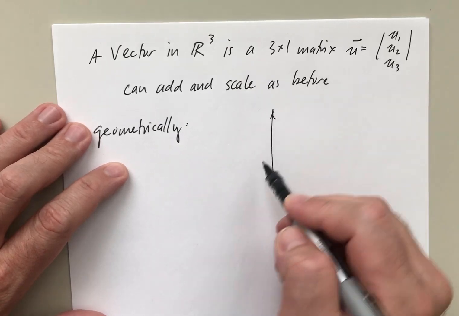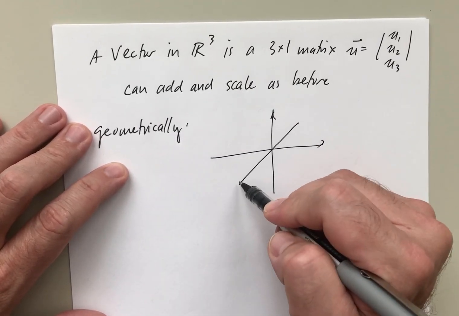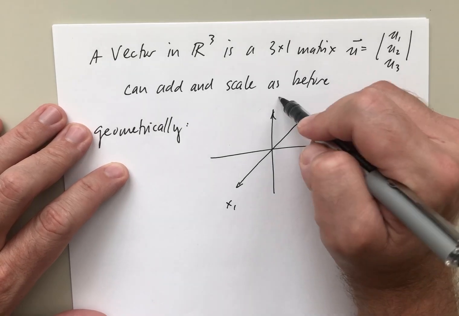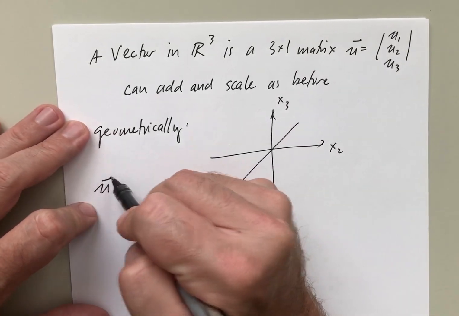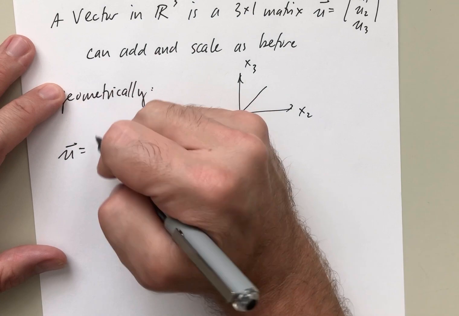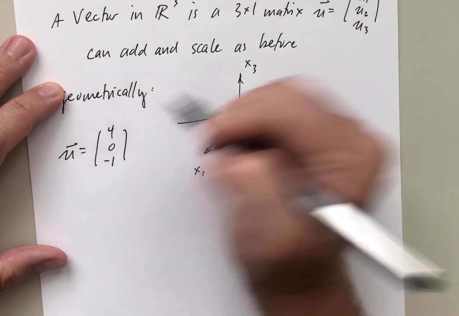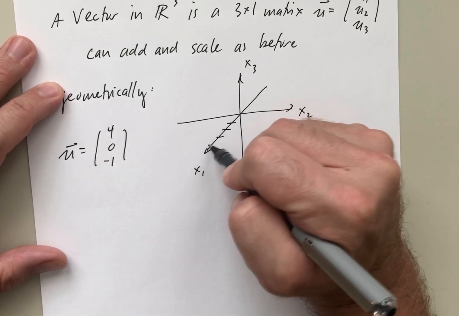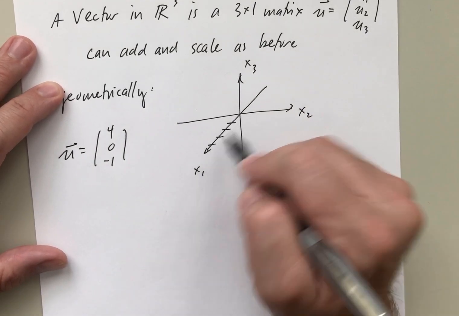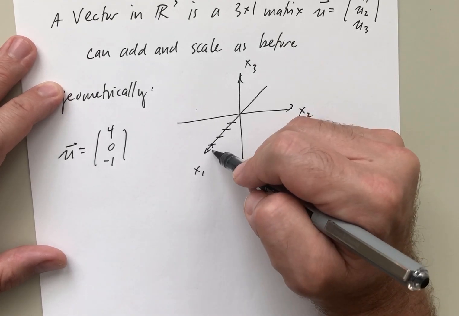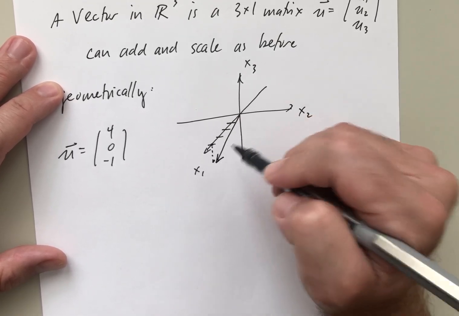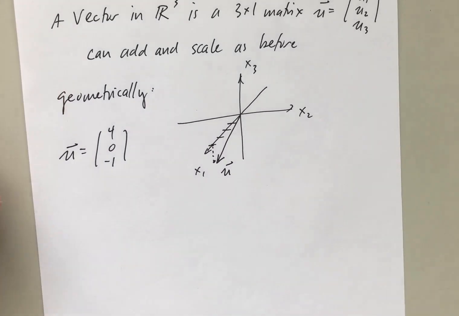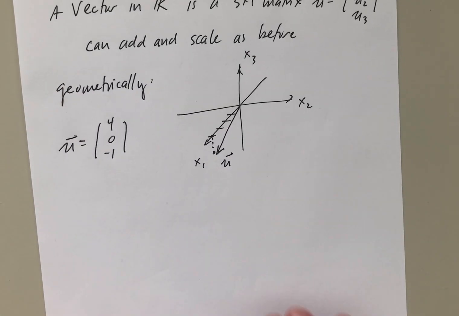Instead of just a plane, I have three dimensions of coordinates: x1, x2, x3. Say I took u to be 4, 0, minus 1. To draw that, I look at the x1 axis, 1, 2, 3, 4. The x2 coordinate is 0, so I don't go anywhere there. Then I go minus 1, and what I get is this vector here. This is u. Again, this has a picture I can draw. The summation and scaling would look the same.